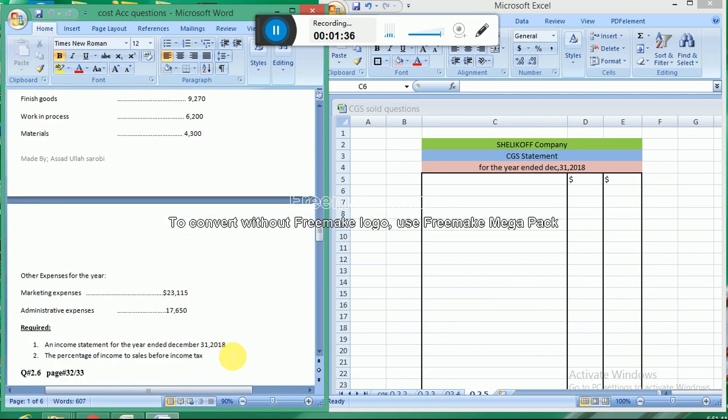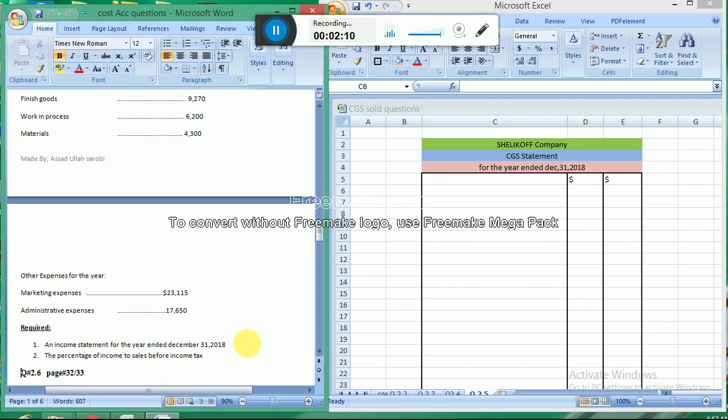Other expenses during the year: marketing expenses 23,115 and administrative expenses 17,650. What are the requirements? Number 1, an income statement for the year ended December 31st, 2018. And number 2, the percentage of income to sales before income taxes.